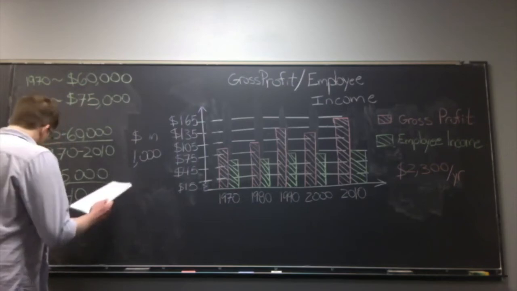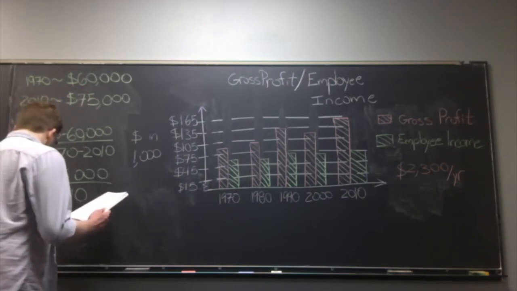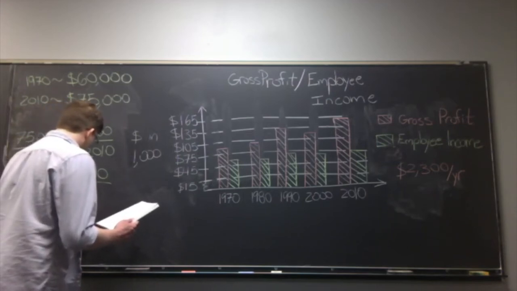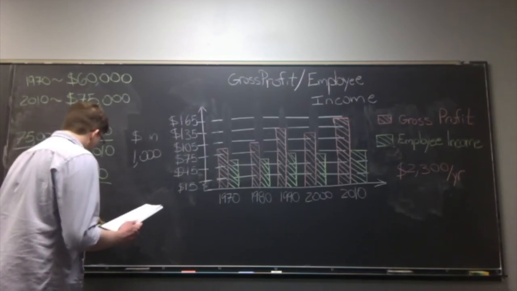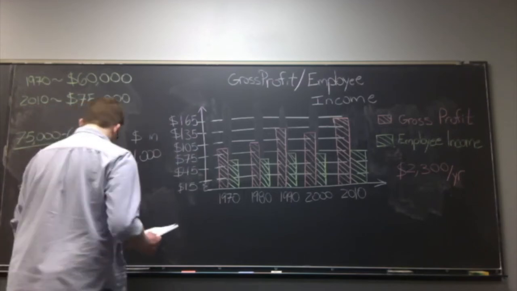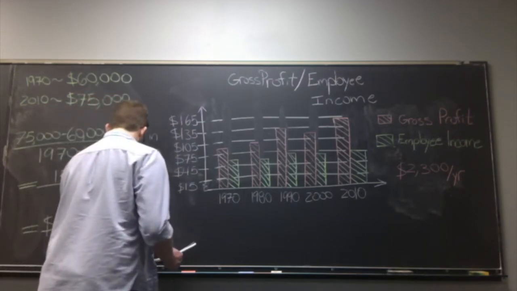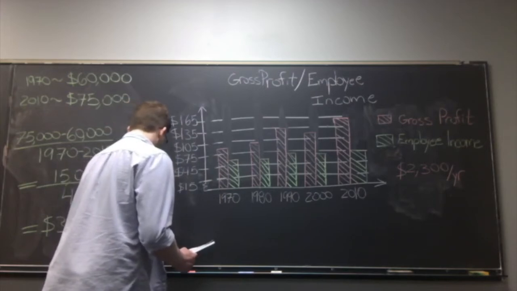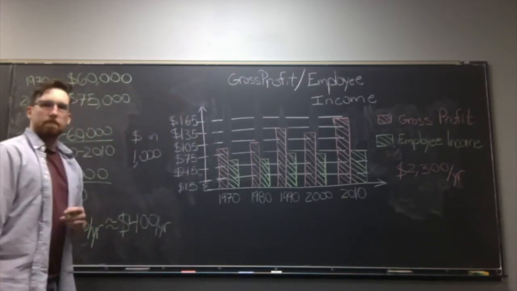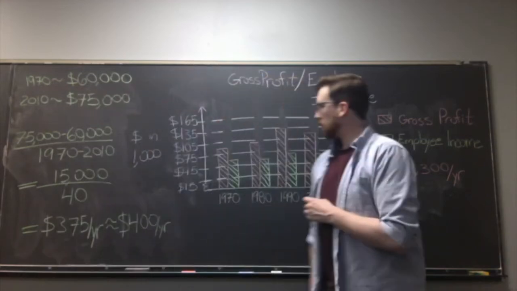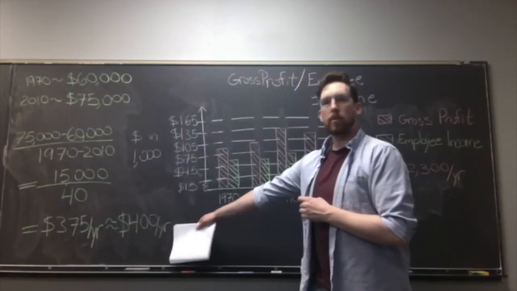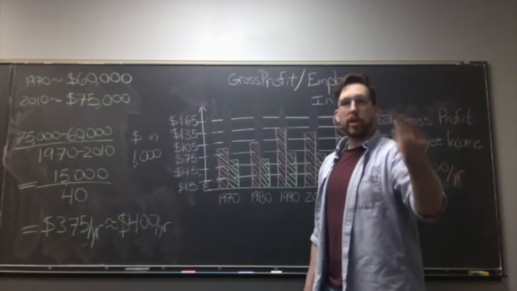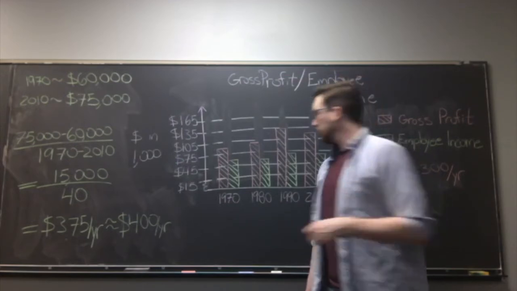or $375 a year, which we can approximate as $400 a year. So we're making about $400 more each year than we did the previous year.